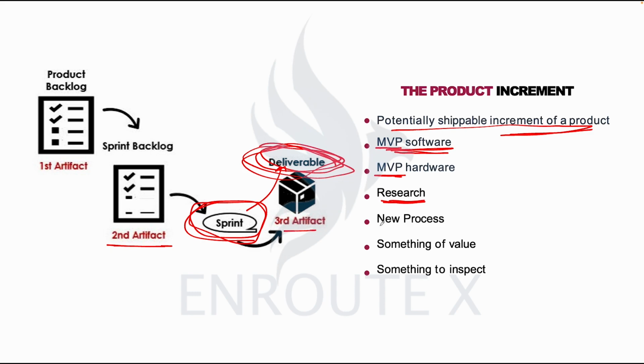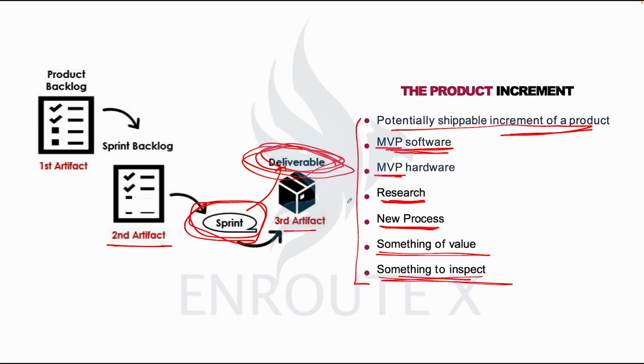Then of course that could also be a new process, that would be your MVP, something of value or something that could be measured also. All this would make up the product increment, which means any of these, based on what the team is focusing on.